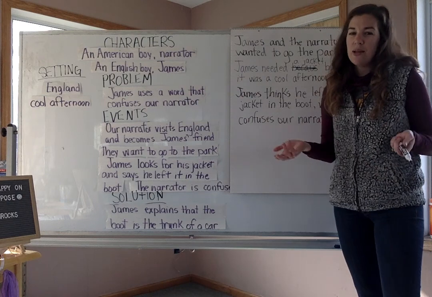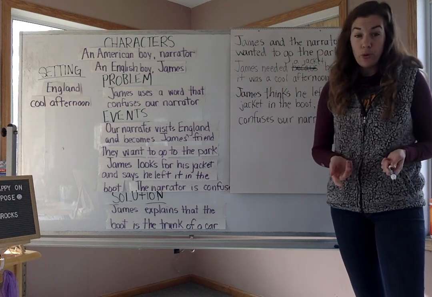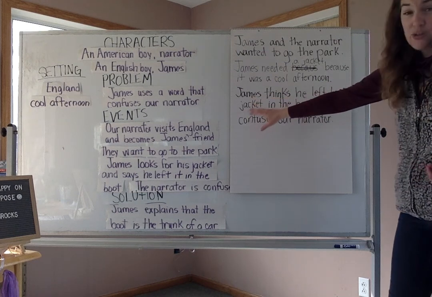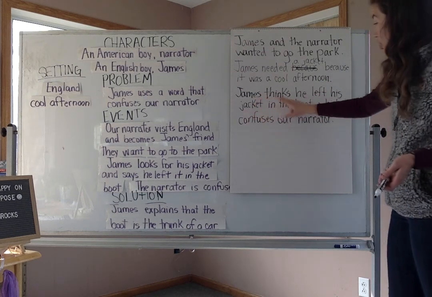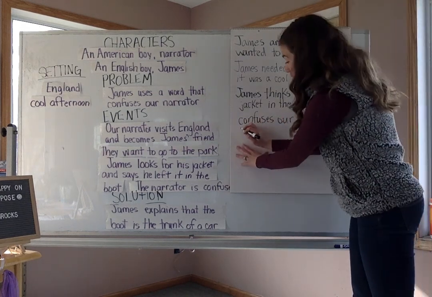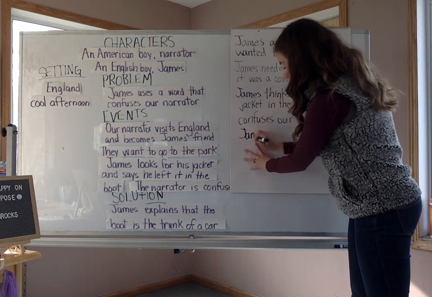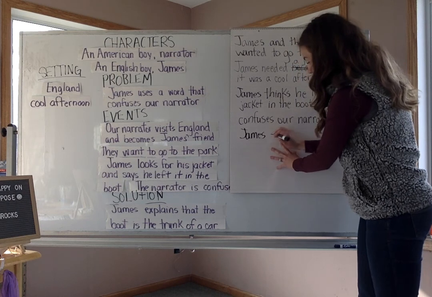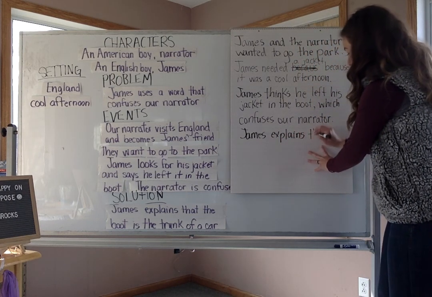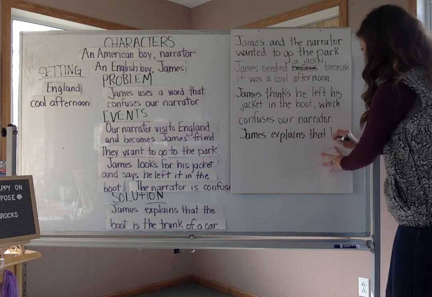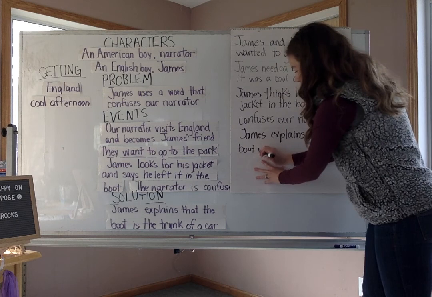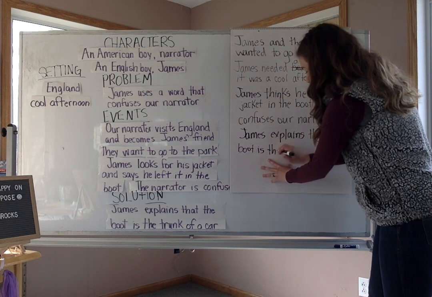Well, James has to explain to him that the boot is actually the trunk of a car. So that is what I'm going to add. James thinks he left his jacket in the boot, which confuses our narrator. James explains that the boot is the trunk of a car.